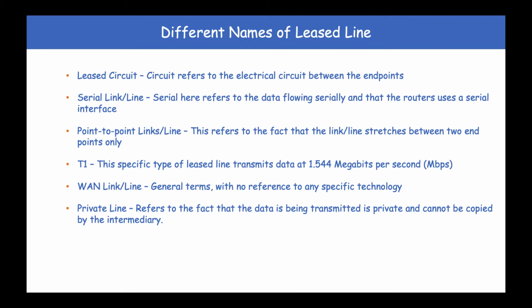It is not popular anymore now, but this is how it all began. A point-to-point link or line refers to the fact that the link is between two endpoints only. A similar terminology for this is point to multipoint, where one point is connected to multiple endpoints. The one point is the main hub and the others are spokes. We will learn about this later in the course.